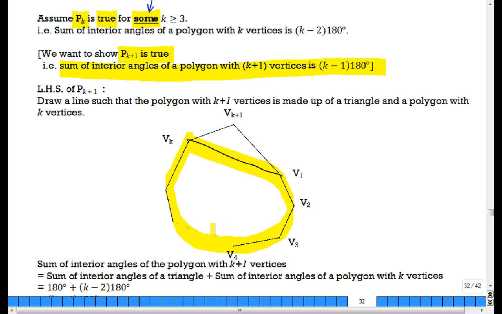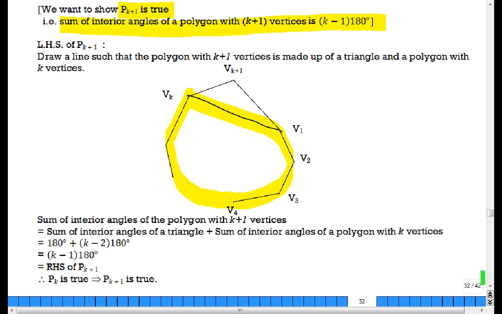That means the sum of all the interior angles in a k-sided polygon is given by this formula. We accept that as true. We assume that to be true. If we assume that to be true, then the sum of the interior angles with k plus 1 vertices must be all these angles plus these 3 angles here.